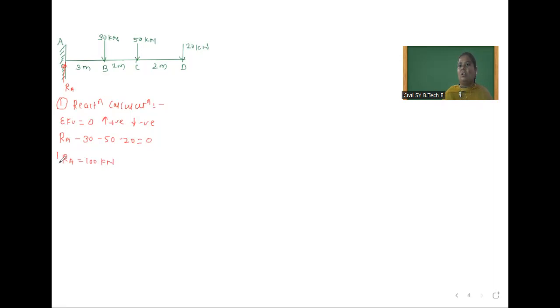Anyone have calculated MA, value of MA? Yes? 480. Okay, we will take here. Summation moment at A equal to 0. For clockwise we will consider positive, and anti-clockwise negative. So MA will be there.